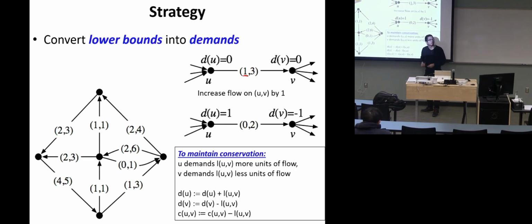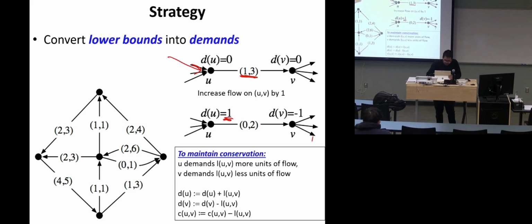I'm just wondering how it works with multiple edges coming into a node when there are multiple lower bounds. Say you have the middle node there, and there are several edges connected to it. Do you modify the demand based on each of those edges' lower bounds differently? Yeah, if there is an edge with this lower bound, I increase the demand here.